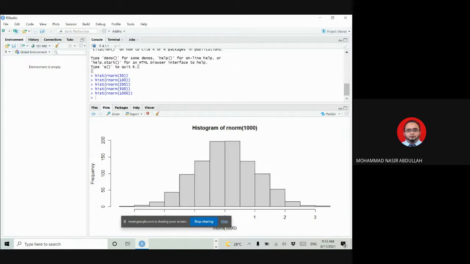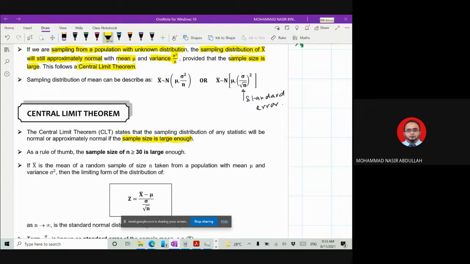If I increase to 1000, the shape of the distribution is exactly or approximately normal distribution. So this is the idea of the central limit theorem.